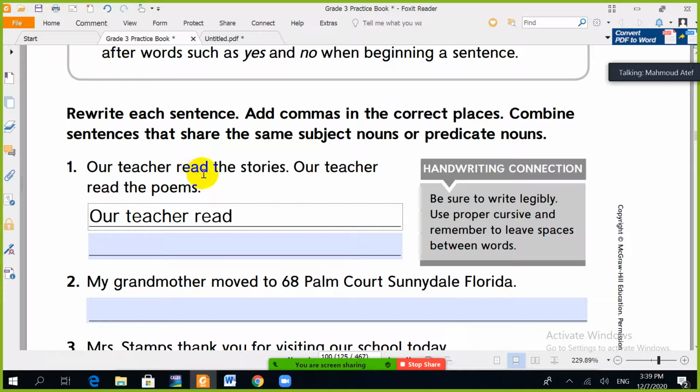Okay, the same writing but different pronunciation. We're going to say: our teacher read the stories and the poems. So here we combine the predicate. We have our teacher read the stories, our teacher read the poems.